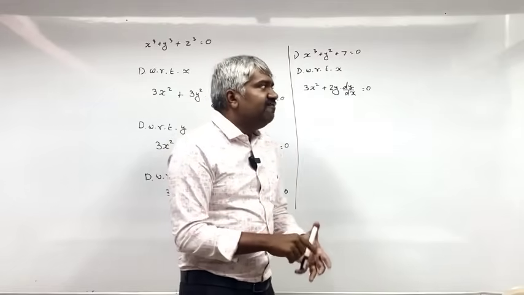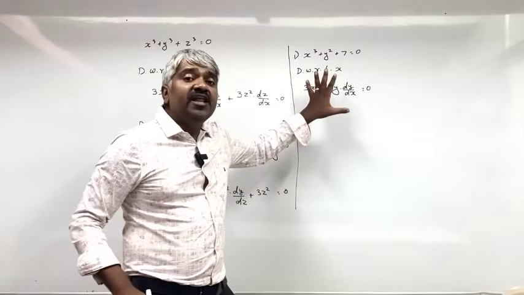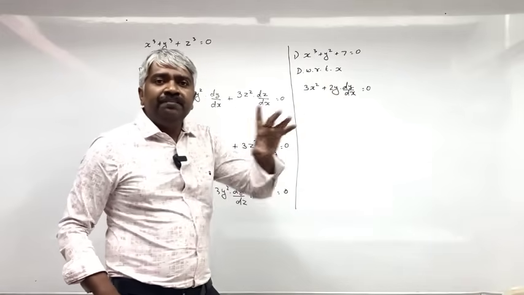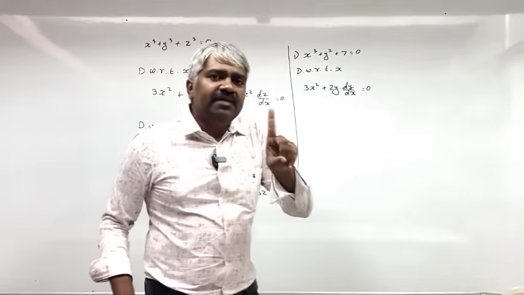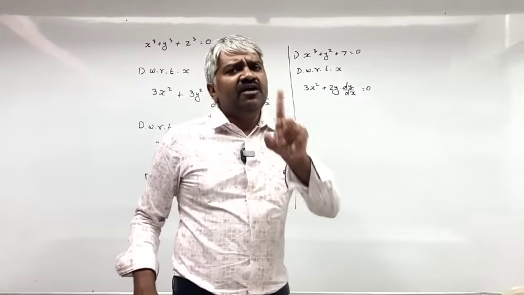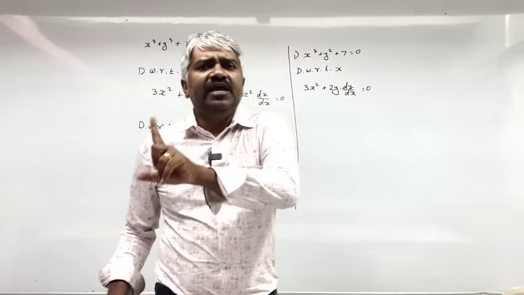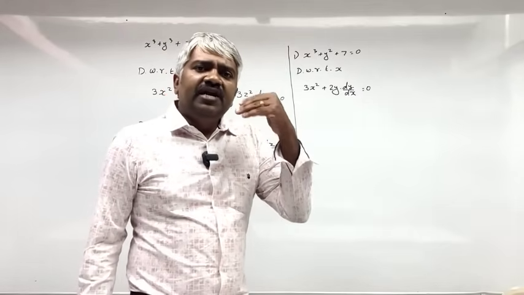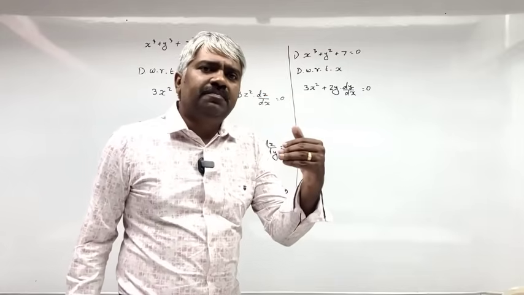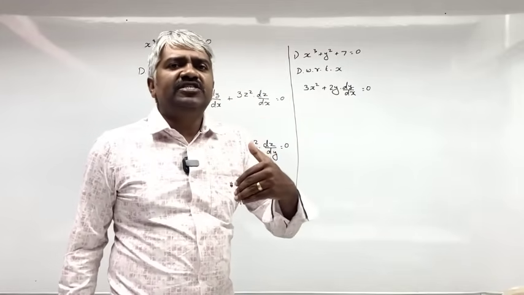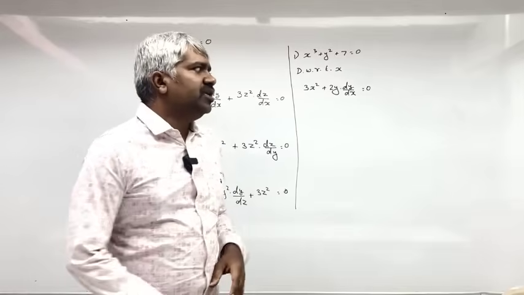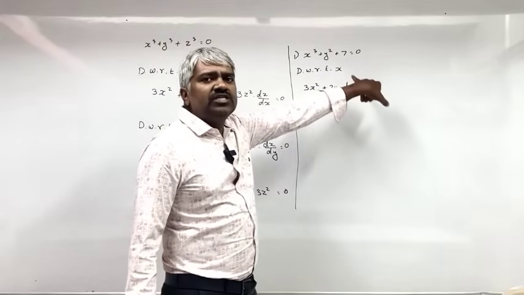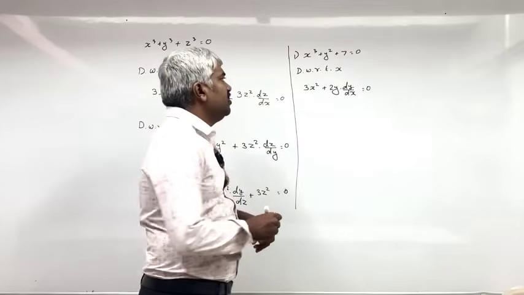That is the difference between variables and constants over here. Variables can be differentiated with respect to any variable, but you cannot differentiate a constant. So the differential of a constant term is 0, right?